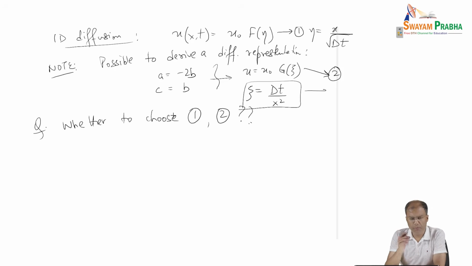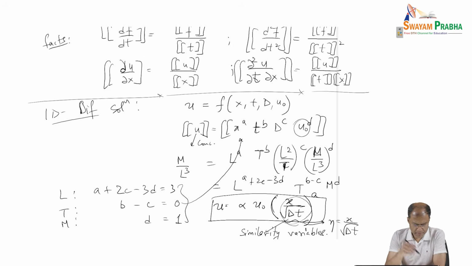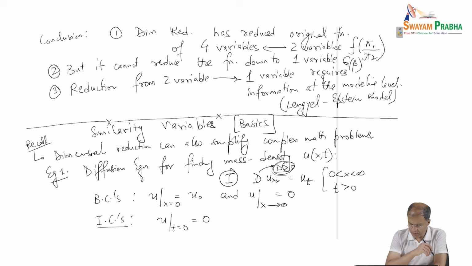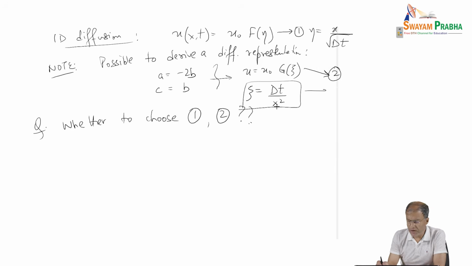Now, if we go back to the problem, the 1D diffusion equation involves second derivatives with respect to x, uxx, right? Now, notice that if we had used form 2, then second derivatives would be very problematic, which means that we would have to use multiple chain rules in order to evaluate this second derivative uxx. On the other hand, we see that eta in form 1 is only a linear function of x.